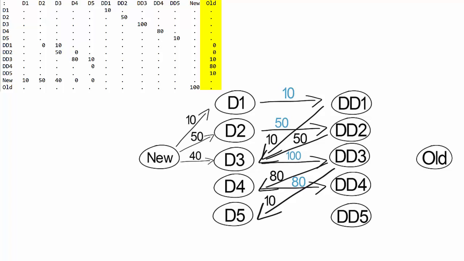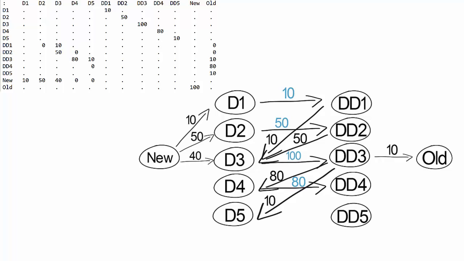Okay, from DD4 we have here the old, and we haven't been tracking what happens at the old. But from DD1 we don't send any, from DD2 we don't send any, from DD3 we send 10. So 10 go here, 10 get thrown out. I don't have a need for that many anymore. I need 80. I'll get those cleaned right away. I won't buy, and I will use those up.